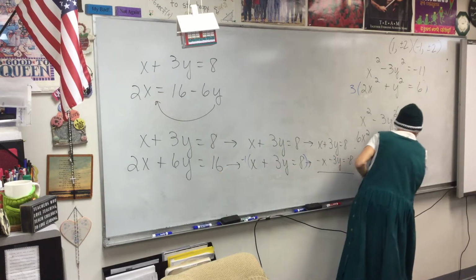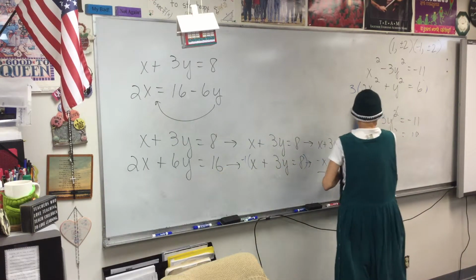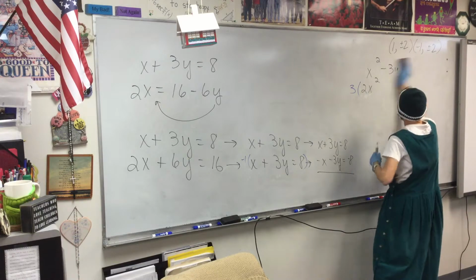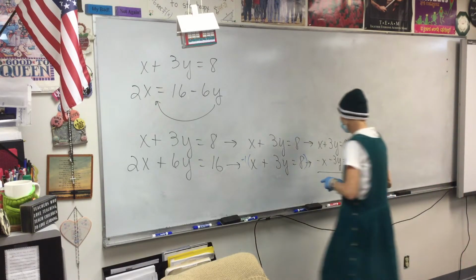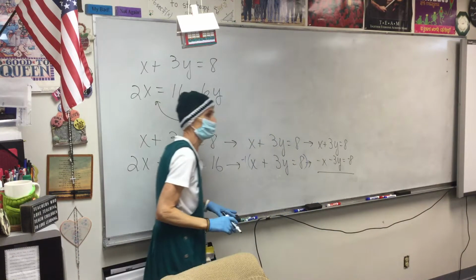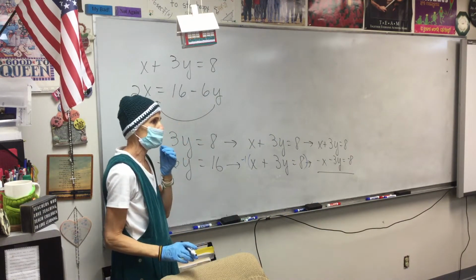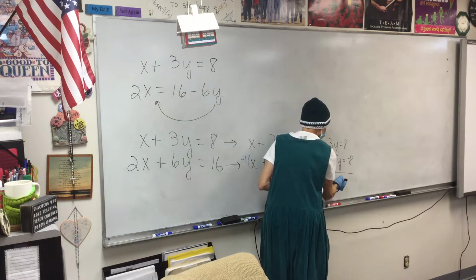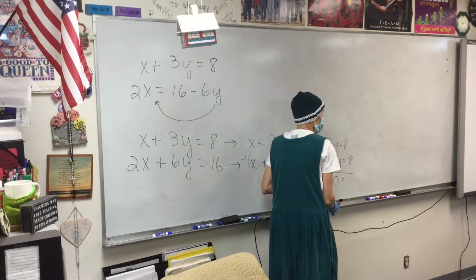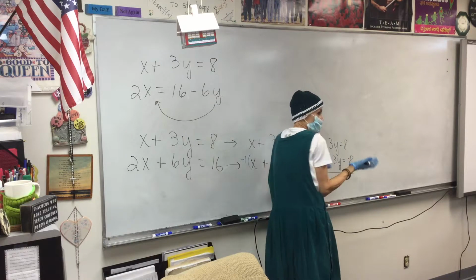Get this out of here. What happens when I add these? On this side, I get 0. Everything cancels, right? So I have 0.